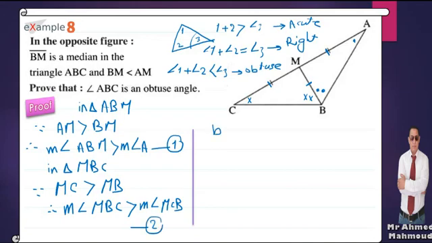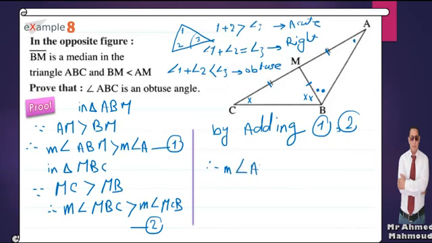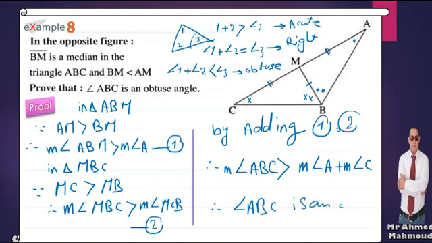By adding 1 and 2, therefore the measure of angle ABC is bigger than the measure of angle A plus the measure of angle C, therefore angle ABC is an obtuse angled triangle.